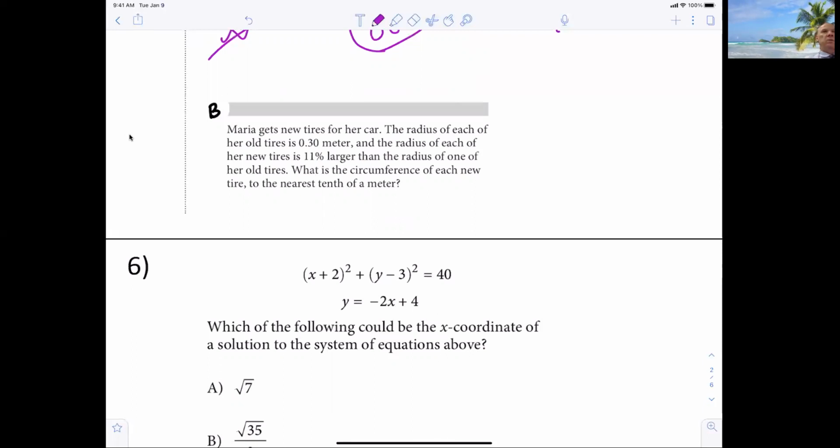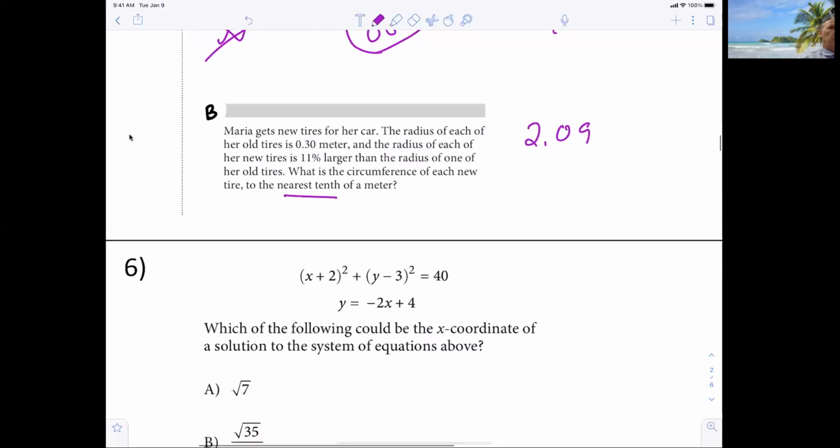So what was the answer to B? Someone tell me. How much? I don't know. Anybody else get that? 2.09? To the nearest tenth, right?